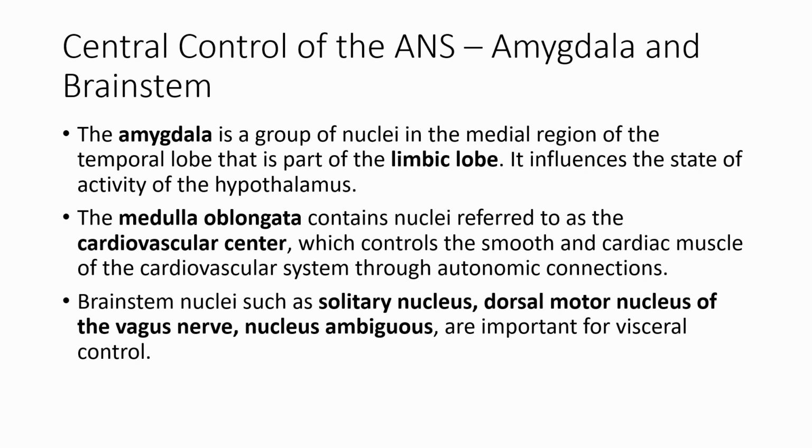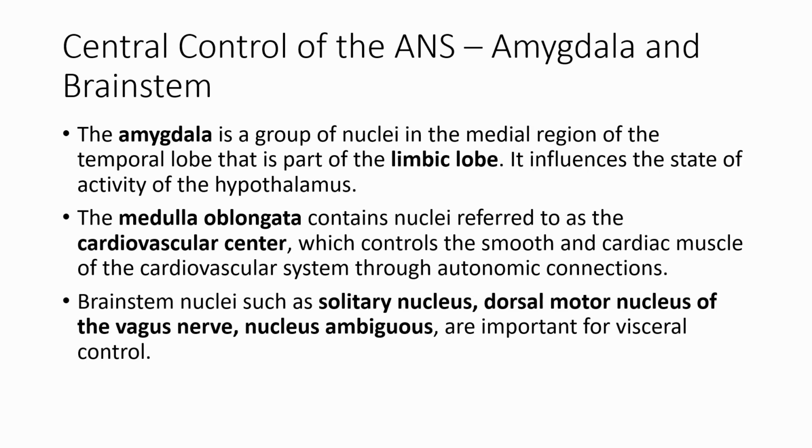The medulla oblongata, we've talked about this a little bit. We talked about how it works with the pons to control some of the very basic things like maintaining your heartbeat and maintaining your respiratory rate. And so we do have the cardiovascular center in the medulla oblongata. This is going to control your smooth and your cardiac muscle, so that we can make sure your heart is beating.